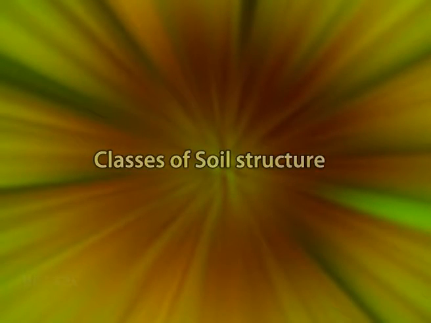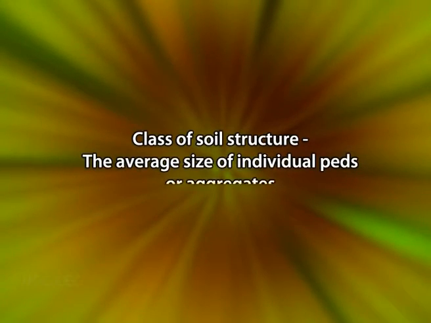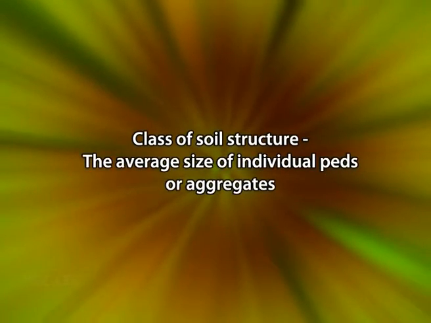Another important property or aspect of soil structure is the classes of soil structure. Class of structure refers to the average size of individual peds or aggregates. There are 5 classes of structure which encompass all types of soil structure. The size limit of the classes differs according to the shape of the units.